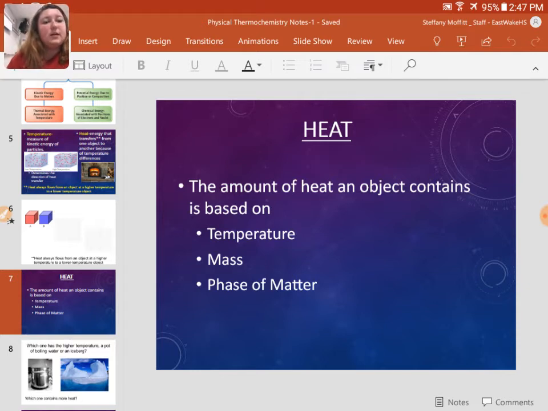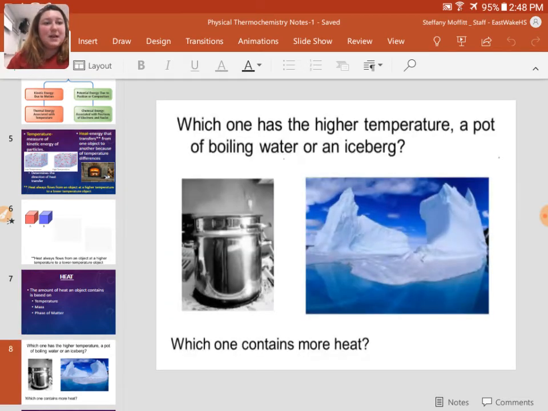So heat is that total, so if we have more of those particles and they're moving quickly and they're in that liquid phase, we will have more heat, as opposed to if we have less of those particles but the same temperature in the same phase, there will be less heat. So question here, which one has the higher temperature, a pot of boiling water or an ice cube, or an iceberg?